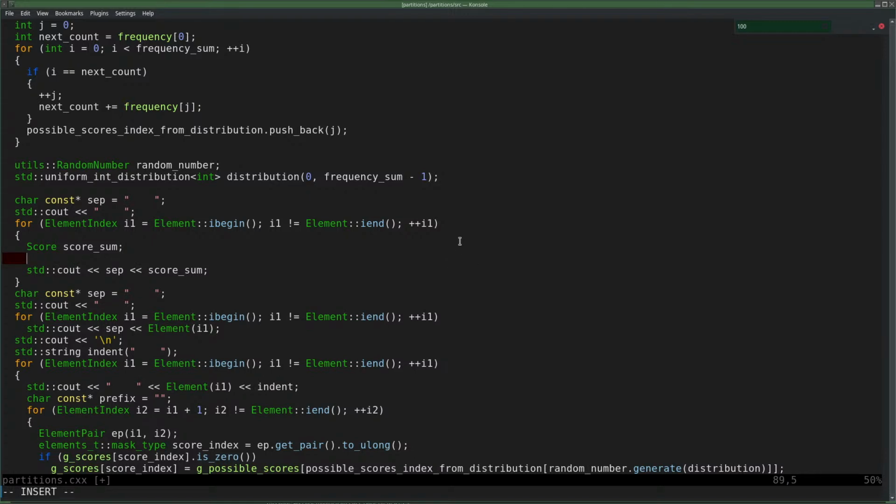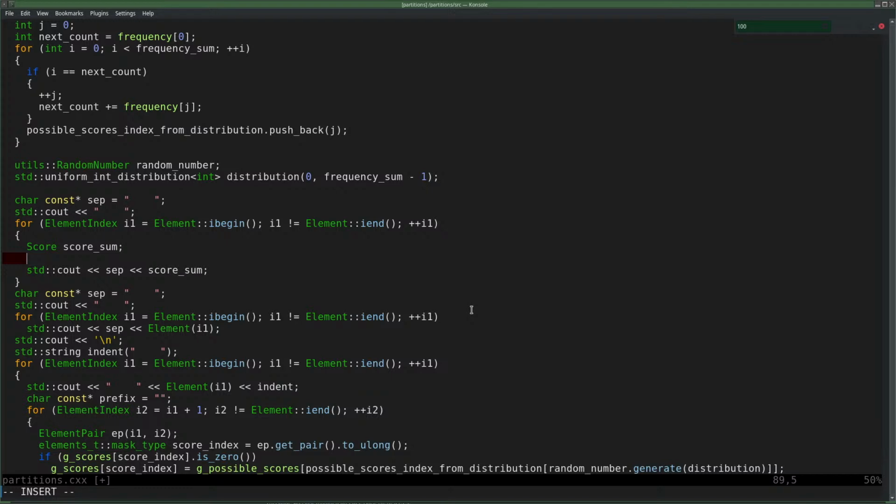How do I find the score for a pair element? The score index is from a pair. And score index EP get pair. EP is an element pair. Right.